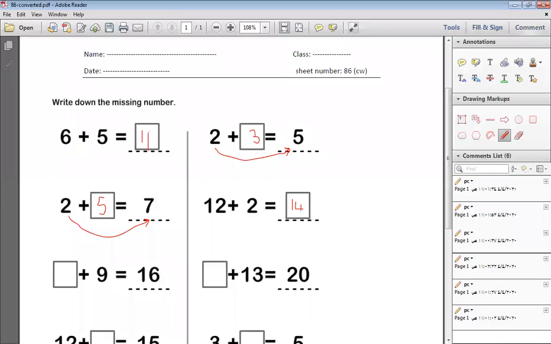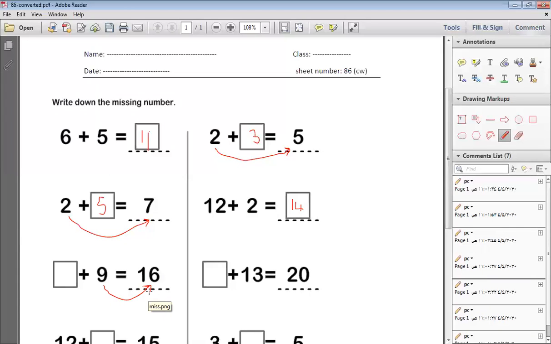Okay, here, this is a missing number. Yes, this is a missing number because he is not asking about the total here. He's asking about a number at the beginning or a number in the middle. Then I'm using the missing number. I will count from the 9 till the 16 on my fingers and count how many fingers and then put it in the box.